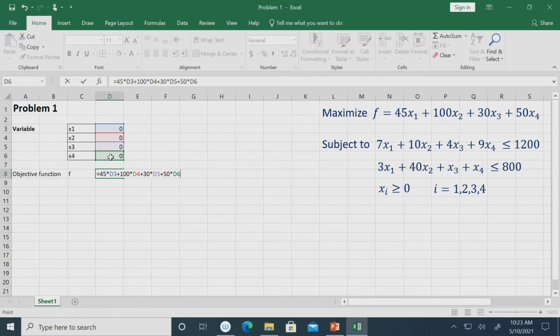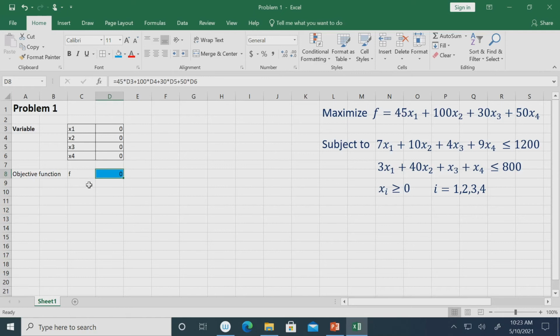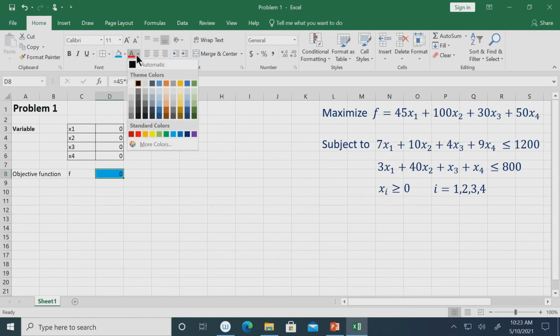So, I have written the objective function here. This cell is giving the objective function. I am just putting some color here. So, this is my objective function.